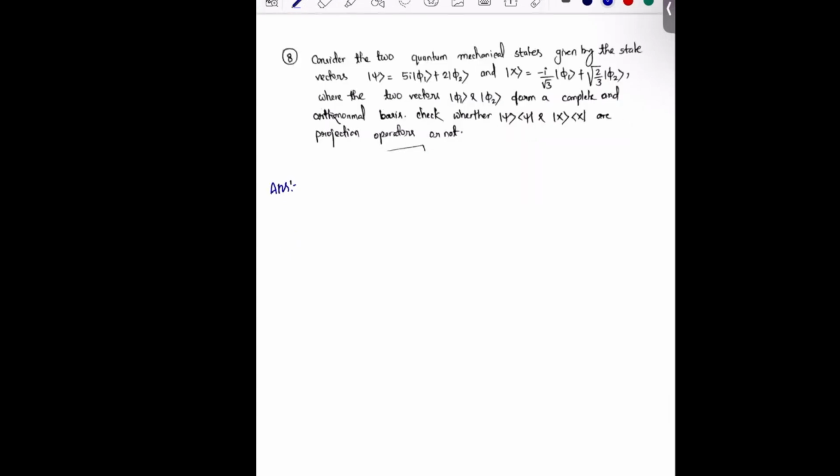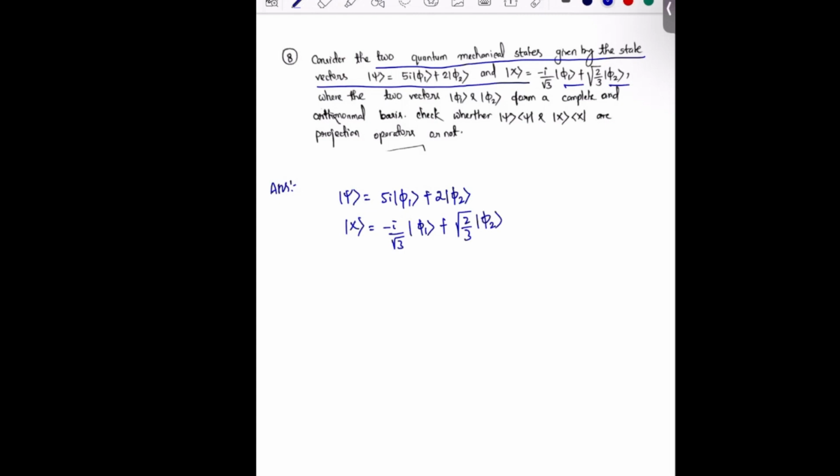So what is given? Consider two quantum mechanical states given by phi1 and psi1. Psi equals phi1 plus 2 phi2, and the other one is chi equals minus i by root 3 phi1 plus root of 2 by 3 phi2.